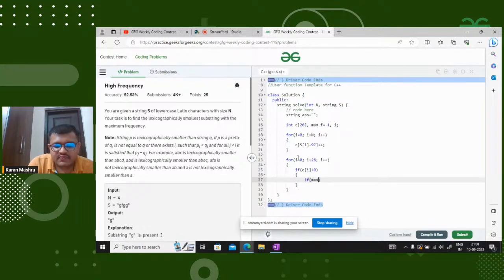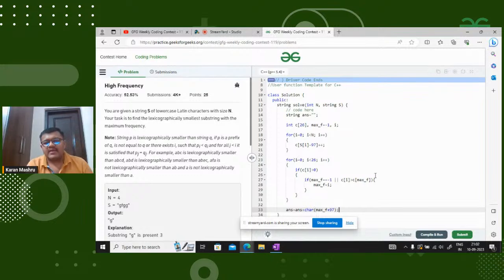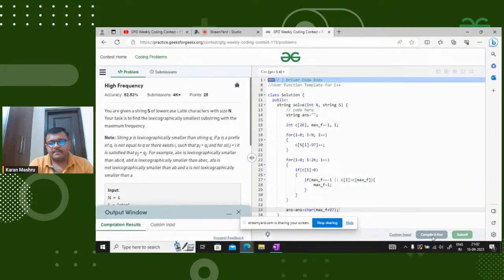So if max frequency equals to -1, or count of i is greater than count of max frequency, because max f will represent the index which has the maximum count, okay, then max f will be equals to i, right? And our answer will be, answer equals to answer plus character of max frequency plus 97. We will again convert it back into the character format, okay.